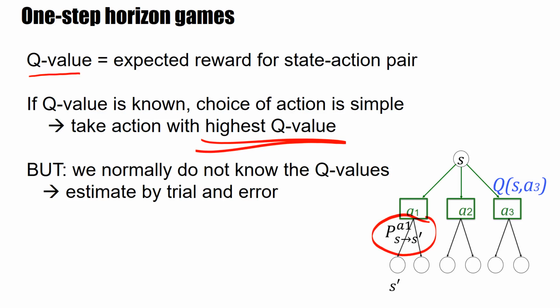And now you have a problem because you don't know the transition probabilities. And you don't know the mean reward for these transitions either. So basically, you have to estimate this by playing. And that's the business model of these casinos. You have to estimate this by trial and error.